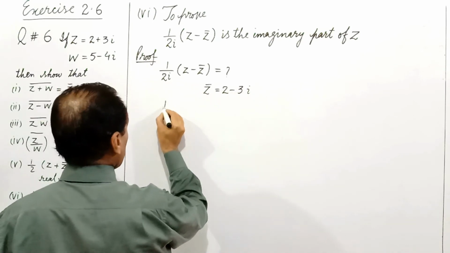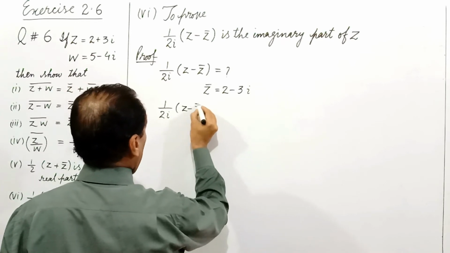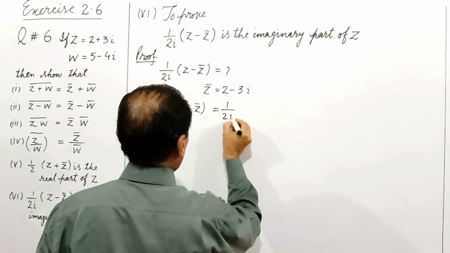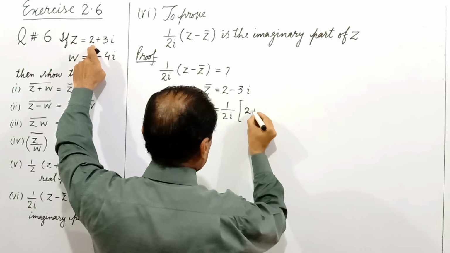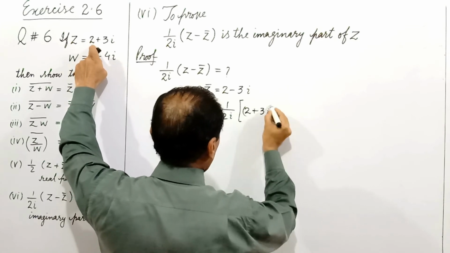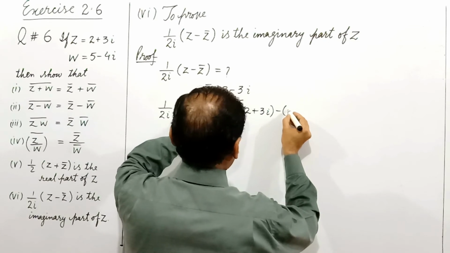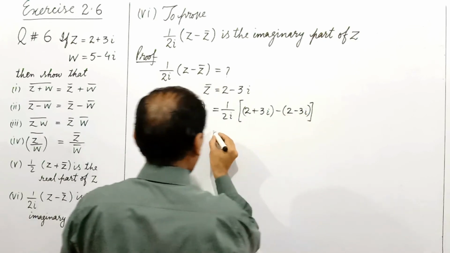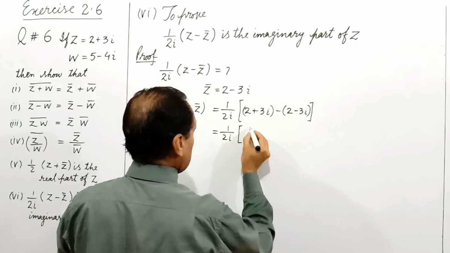Now we put the values for 1 over 2 iota into Z minus Z bar is equal to 1 over 2 iota into, we put the value of Z, that is 2 plus 3 iota minus value of Z bar, 2 minus 3 iota. We open the bracket according to BDMAS rule, first parenthesis.